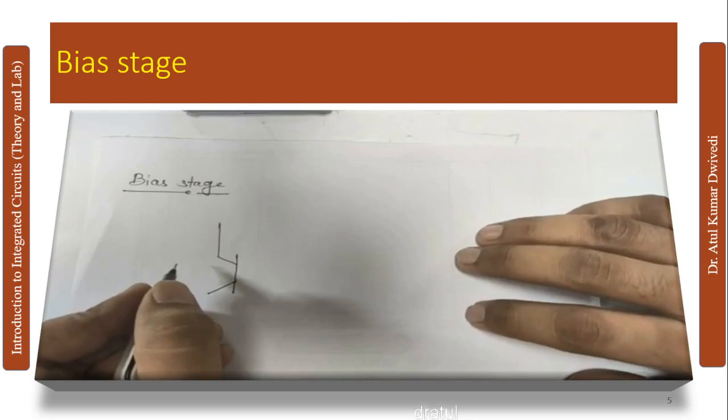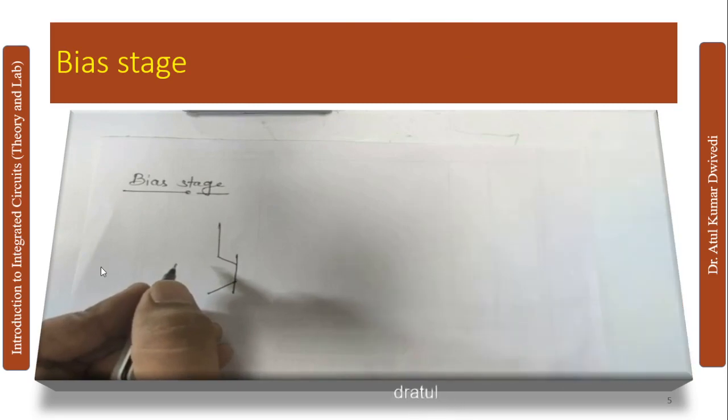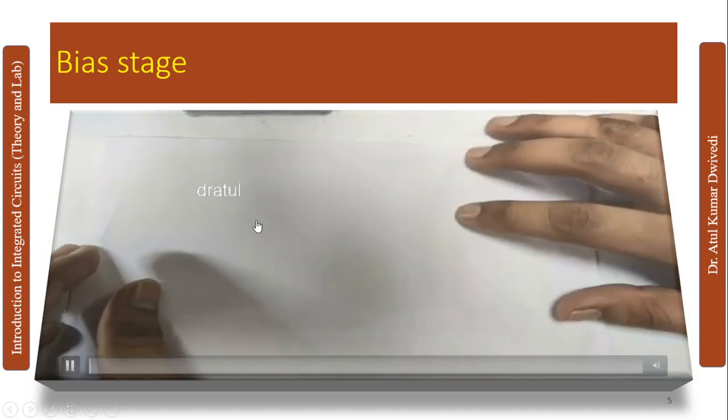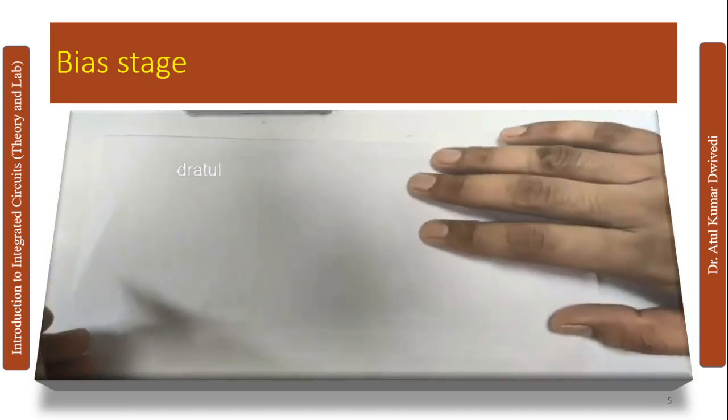Okay, so let us consider the first stage, the current mirror stage. This current mirror stage is used for biasing of the inputs, and the biasing that we have studied already in our previous electronic devices and circuits course, there are many kinds of biasing.